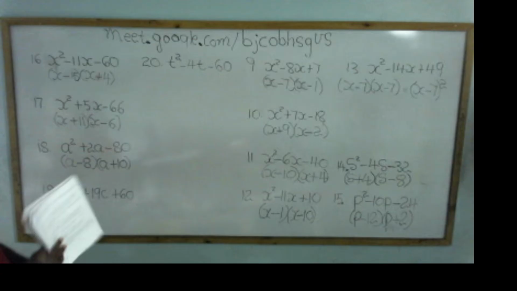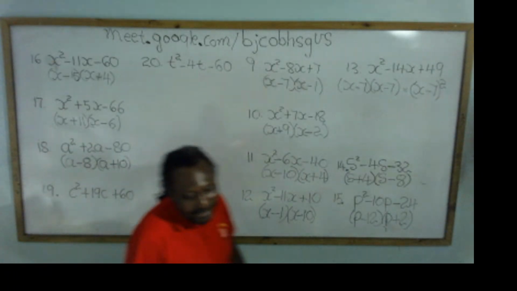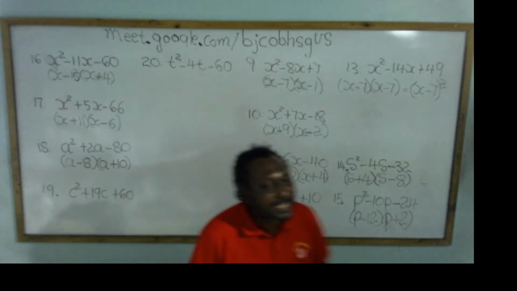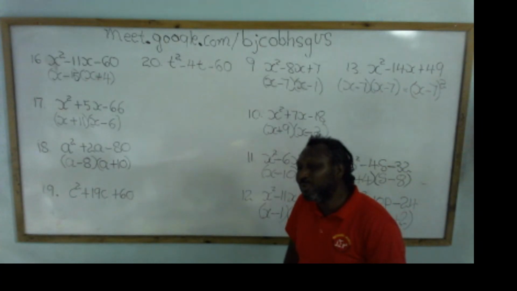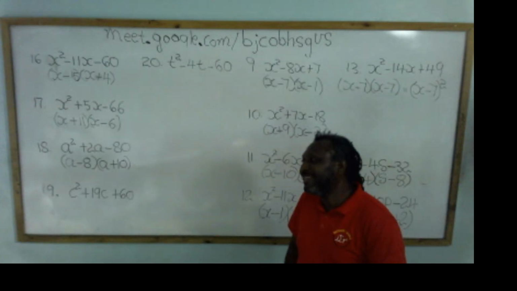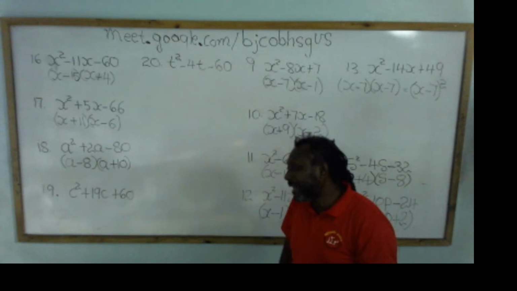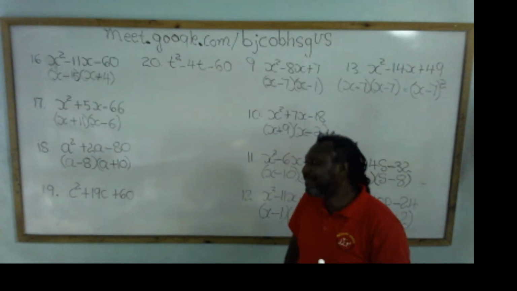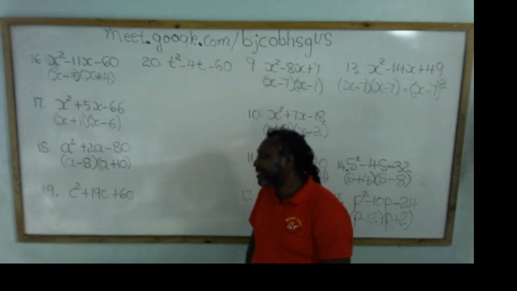Now, the only challenge that students have here is with the 60, because 60 has a lot of factors. The factors of 60 are 1, 2, 3, 4, 5, 6, 10, 12, 15, 20, 30, and 60.